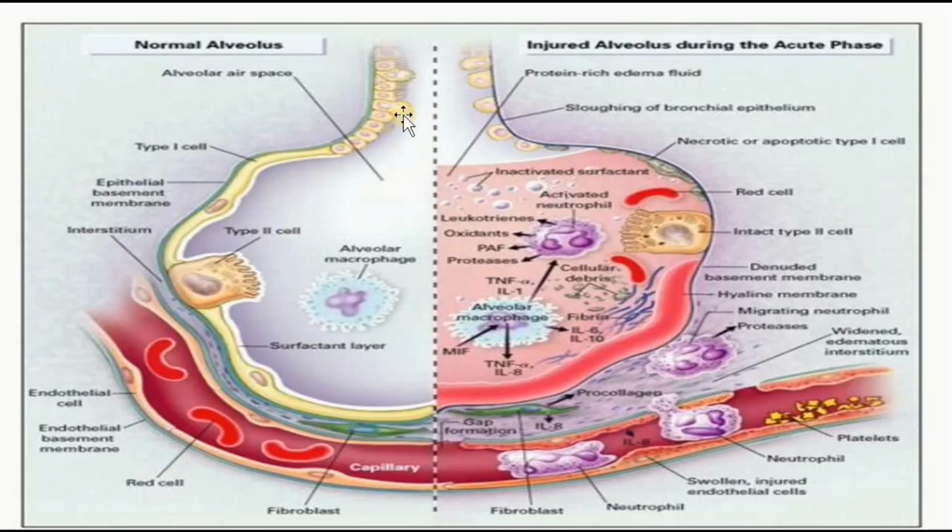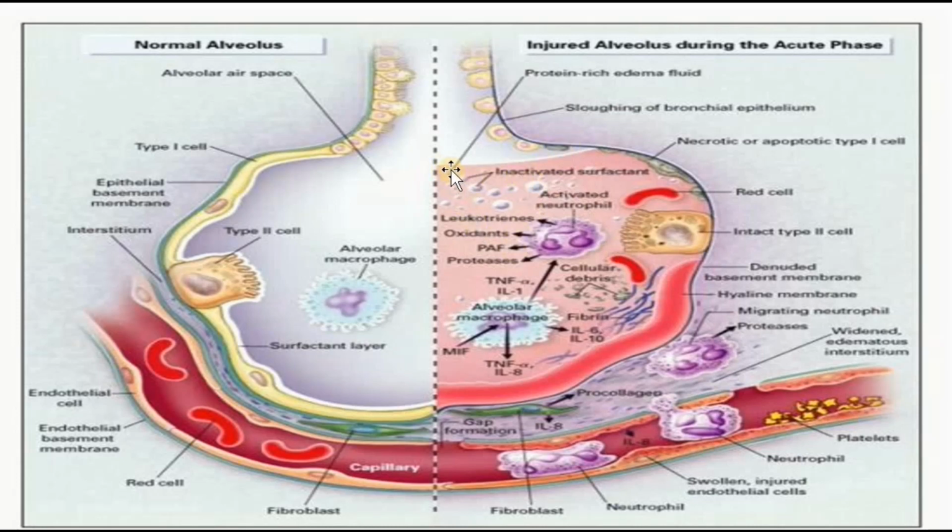So in short, this is the normal alveoli where you can see a thin layer of surfactant. It prevents the alveoli from collapse, and the oxygen diffuses through the interstitium, a small space, into the blood vessels. But because of the cytokine storm, there is increased capillary permeability. That means leaky capillaries. Fluid leaks into the interstitium and into the alveoli.